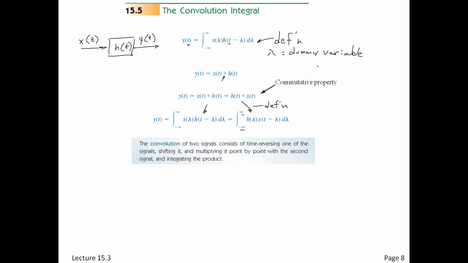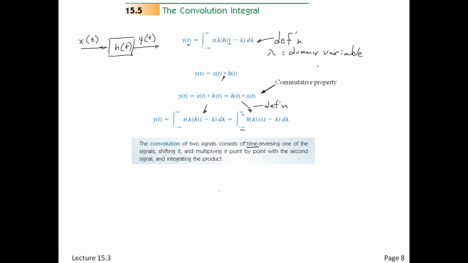Here is what convolution is. They give a nice statement of it in the text, so I just copied it here. And take a look. There's a lot of important convolution of two signals. That's what we've got in the upper left in my little boxy thing.